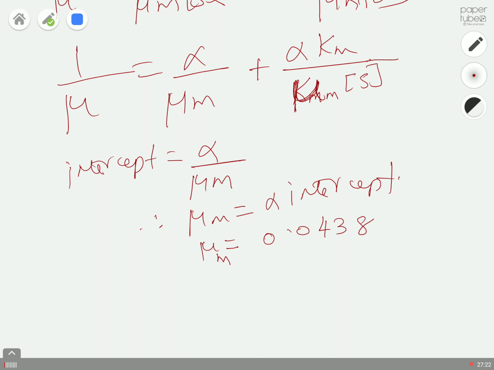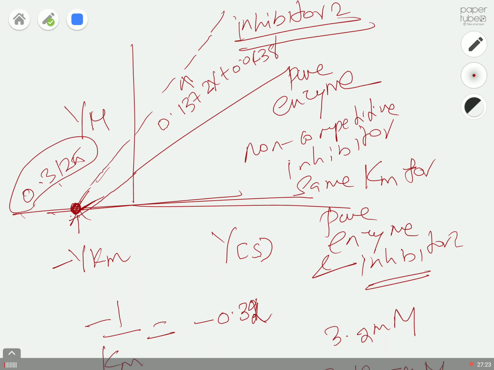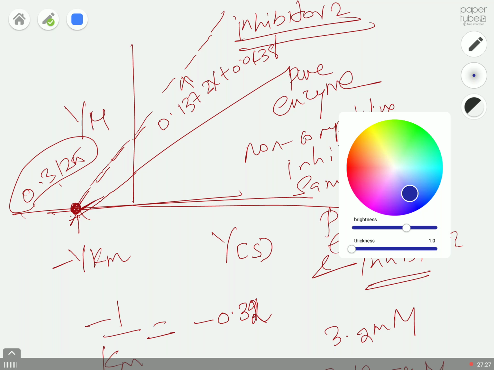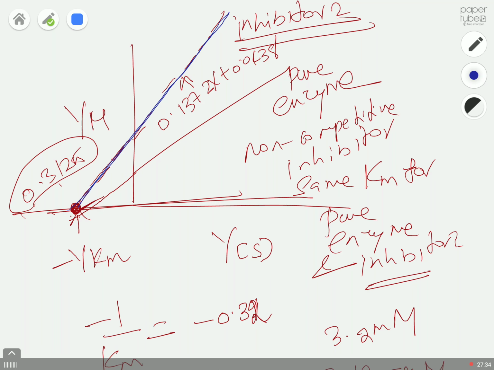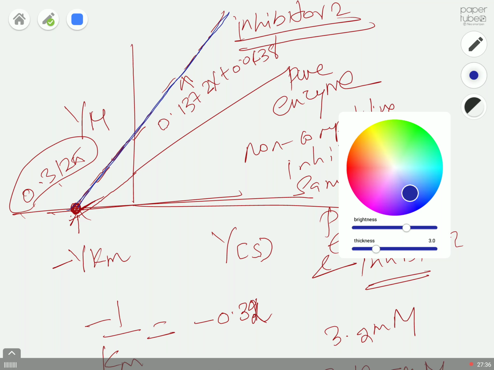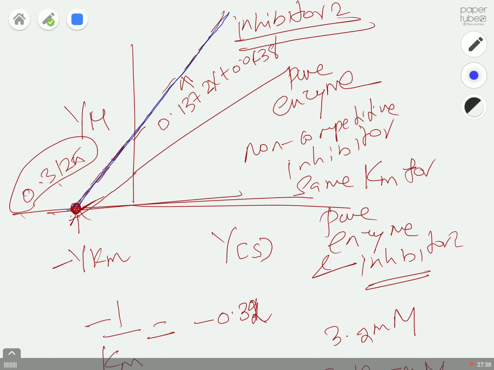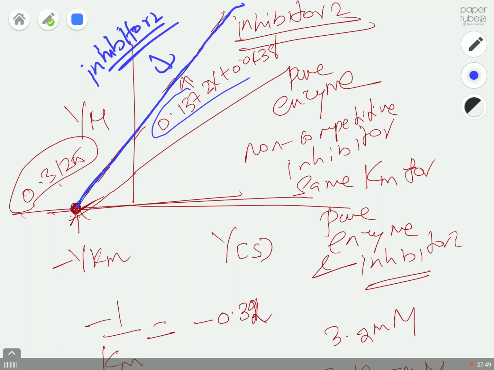So this is for your inhibitor 2, which is this line. Let me change the color. Is this line, the blue line. So this is for your inhibitor 2, and that's your equation.